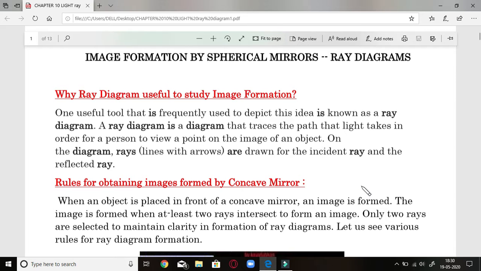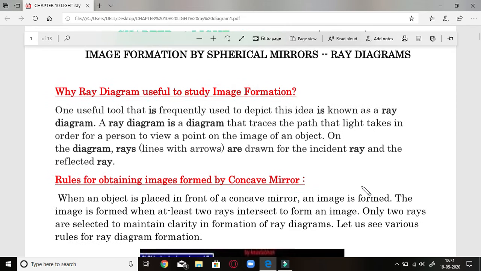So it's a big tool for the formation of image. What we do is we select rays coming from the object as an incident ray and a reflected ray, and we make a diagram and we can easily depict where the image will be formed, what will be the size of the image, what will be the nature of the image. That is possible with the help of these ray diagrams.